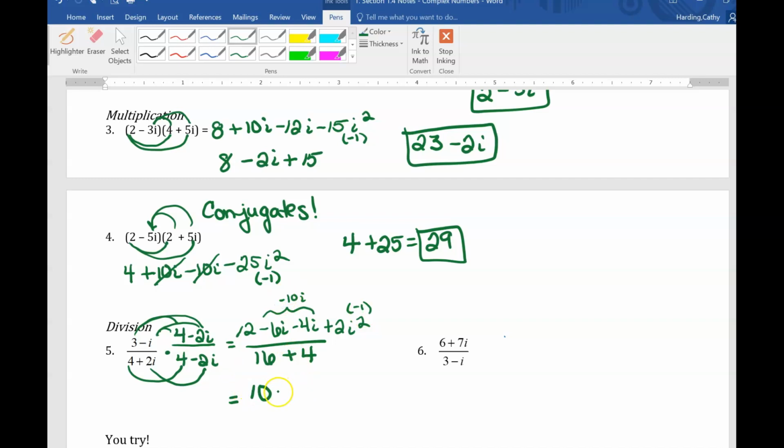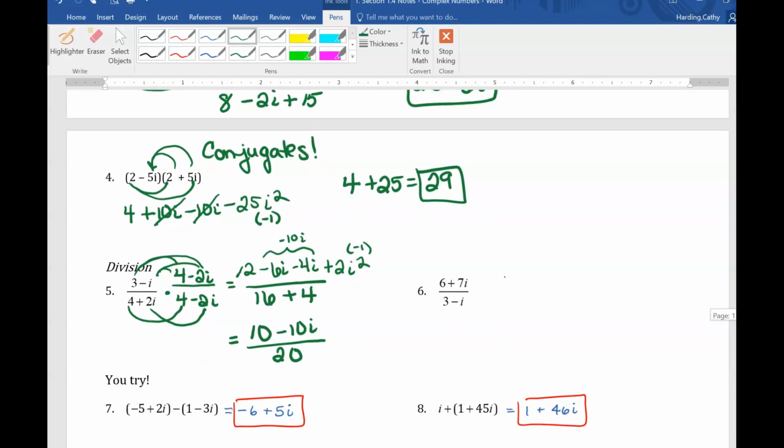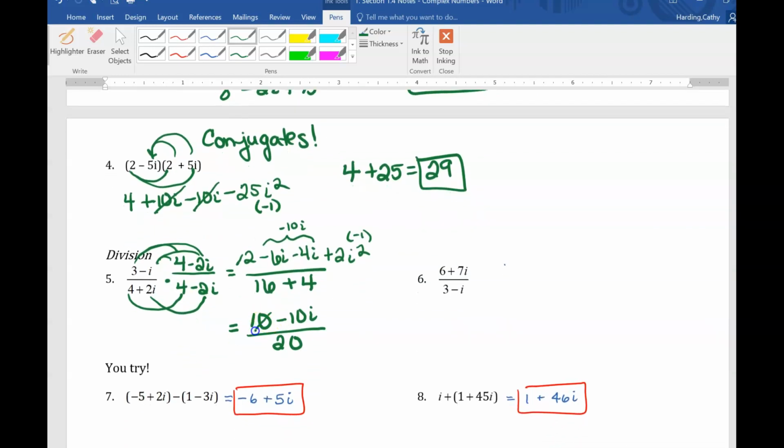And, oops, that's a negative, minus 10i all over 20. That can be reduced. There is a factor of 10 in every single term. So I'm going to cross all the 10s off. And this becomes 1 minus i over 2. But if we want to break this down into the real and the imaginary parts, then this is really 1/2 minus 1/2 i.